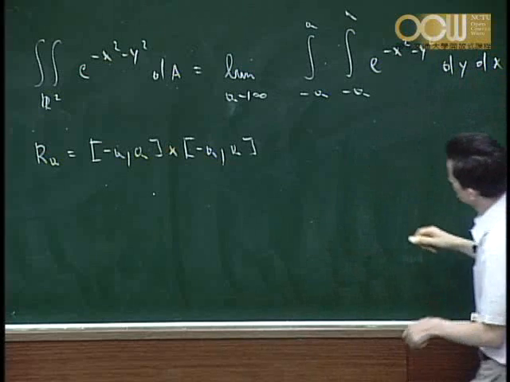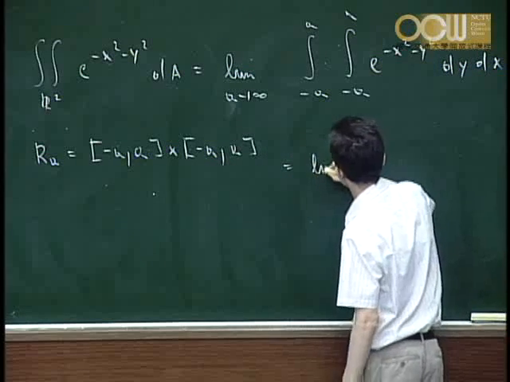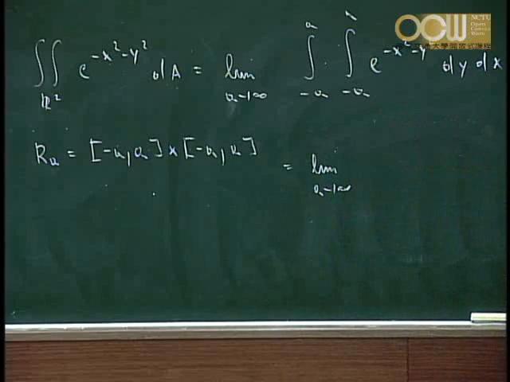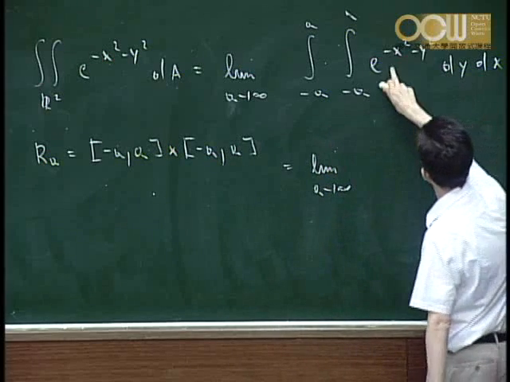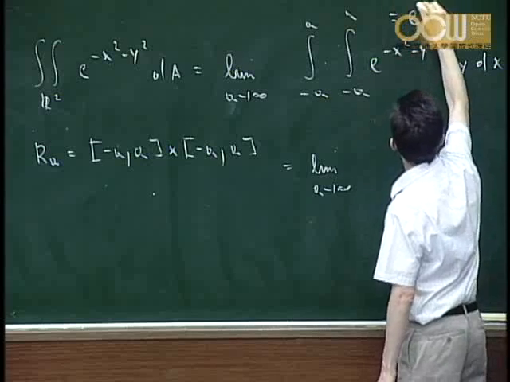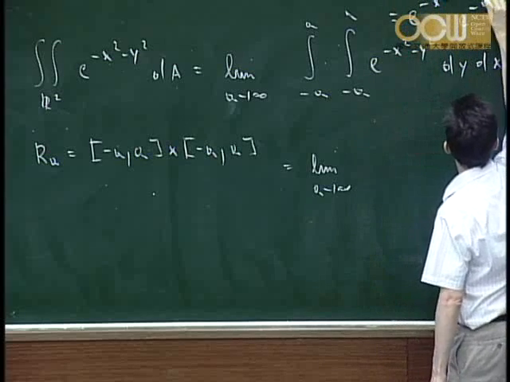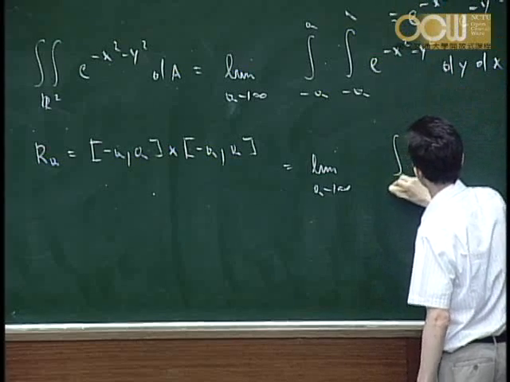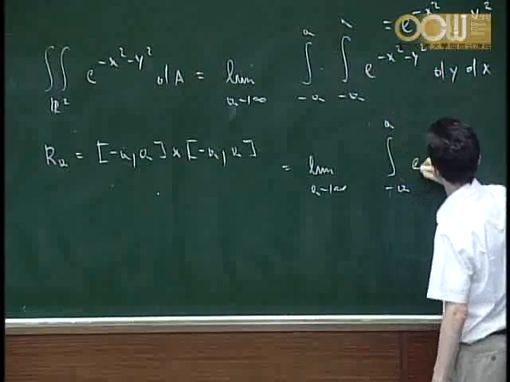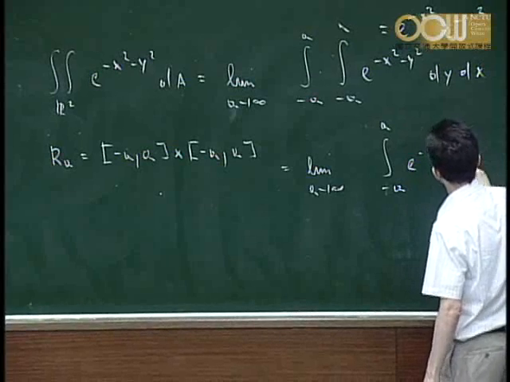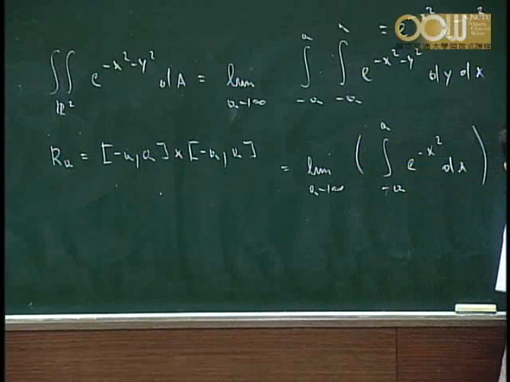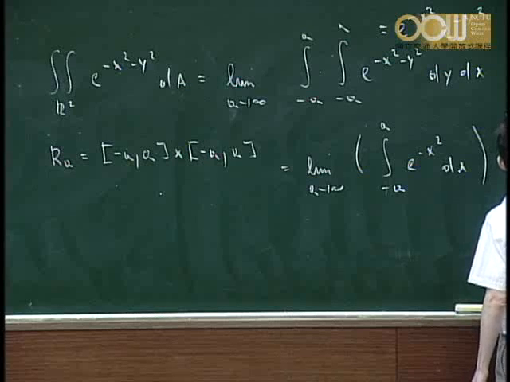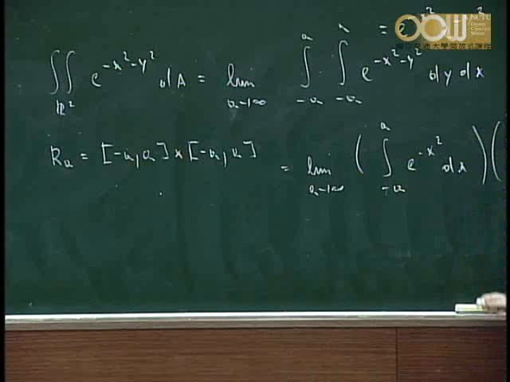You see that this function, you can write it as e to the minus x squared times e to the minus y squared, and this means you can write the whole thing as a product of those two integrals.